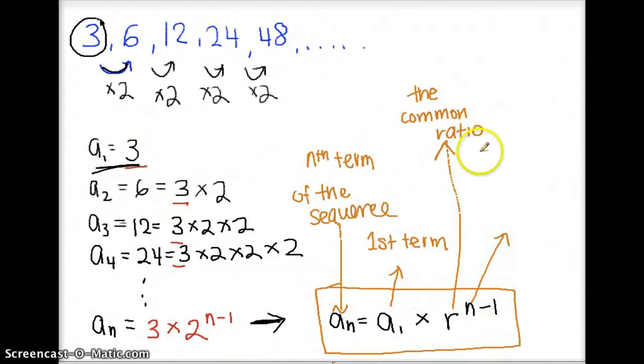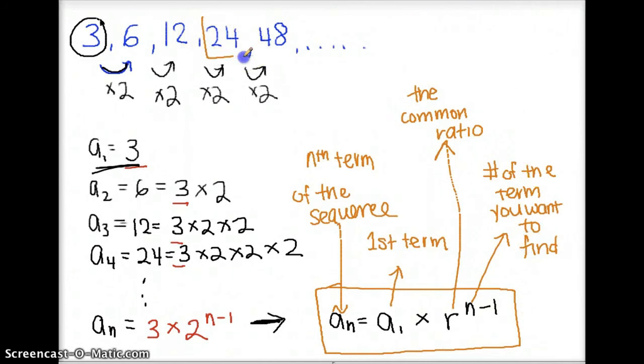And n is the number of the term you want to find, or just the number of the term in general. So, for example, let's say we have 24. In this sequence, that would be the fourth term, so n would equal 4, and an would equal 24.